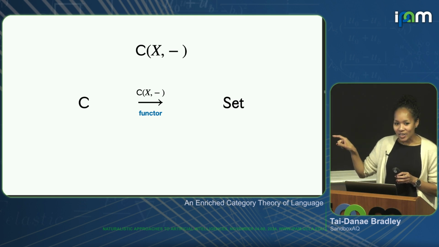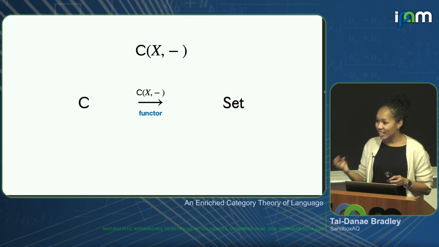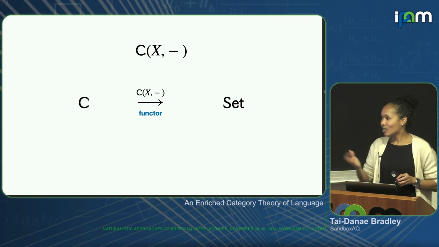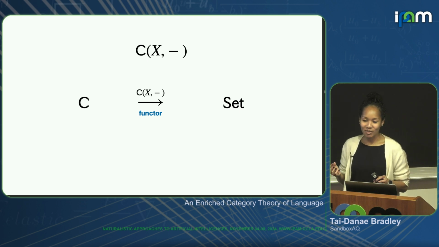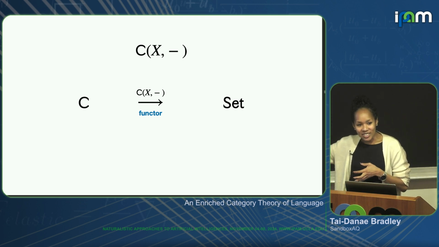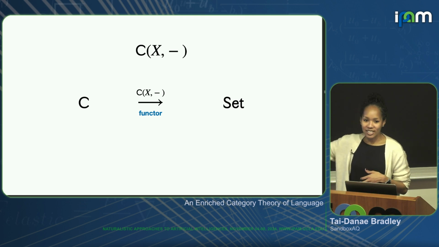This is called a representable functor, so it's sort of representing the object x. It's also called a co-presheaf, but a representable functor I think is intuitive because this functor contains all of the information you need to distinguish x. It's like, what's special about this object? It's contained in this functor.